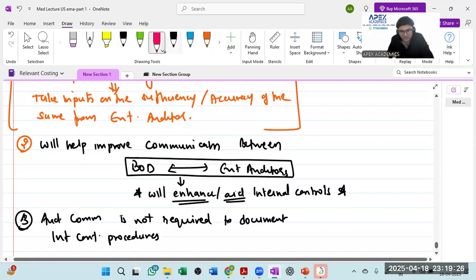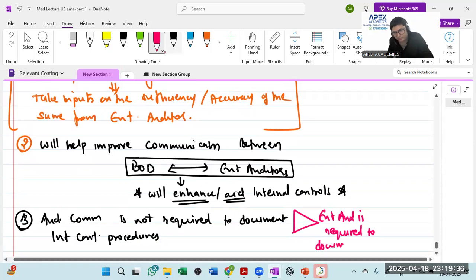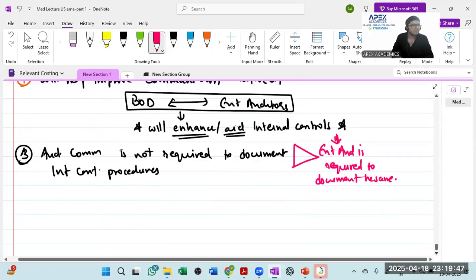Please remember, the external auditor is required to document the same. Agreed or disagreed, my dear students? Please tell me that. Point number 4.